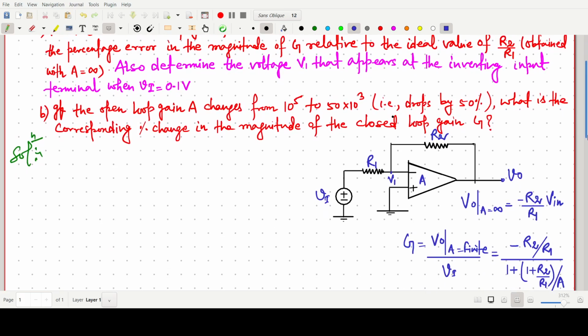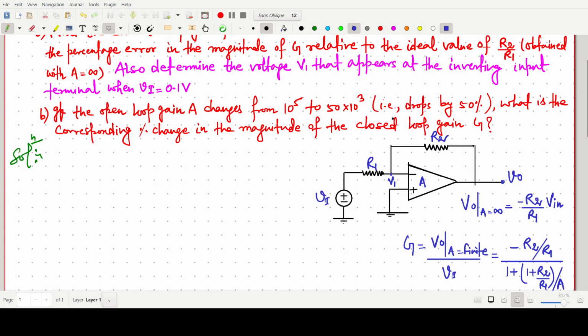For the finite A, the voltage at this point will be simply minus V naught by A. Then the current I1 will flow, and if we solve this, it will give this value.